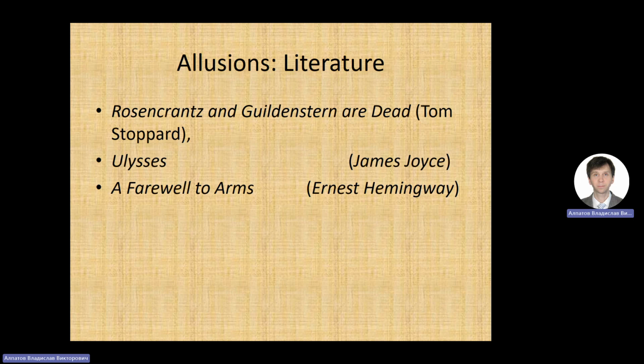Well, for example, a play by Tom Stoppard, a famous modern playwright. One of his plays is called Rosencrantz and Guildenstern Are Dead. Who are Rosencrantz and Guildenstern? Hamlet's friends. Yeah, very well. Well, I'll remind you.